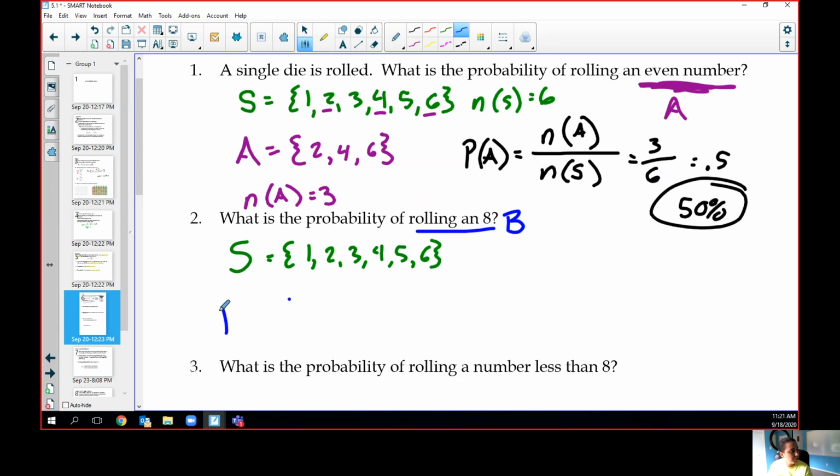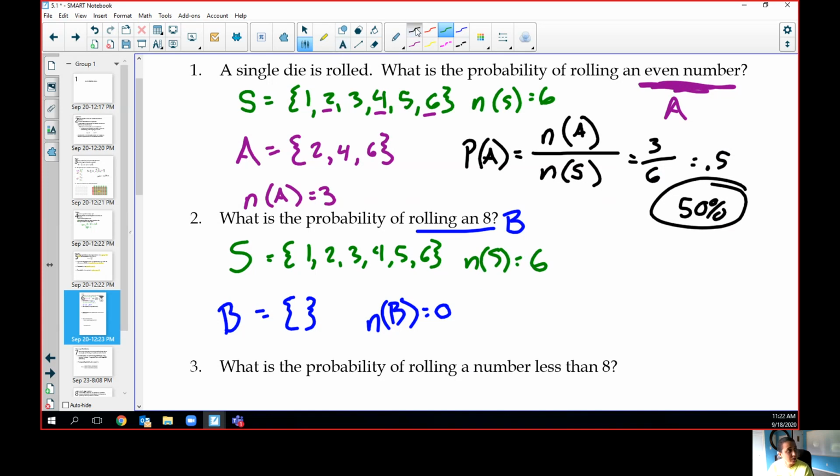Then I'm looking for rolling an 8. Well, if you look up here, there's no opportunity to roll an 8. So there's nothing in B. That means the number of events in B is 0. We still have the number of events in our sample space is 6.